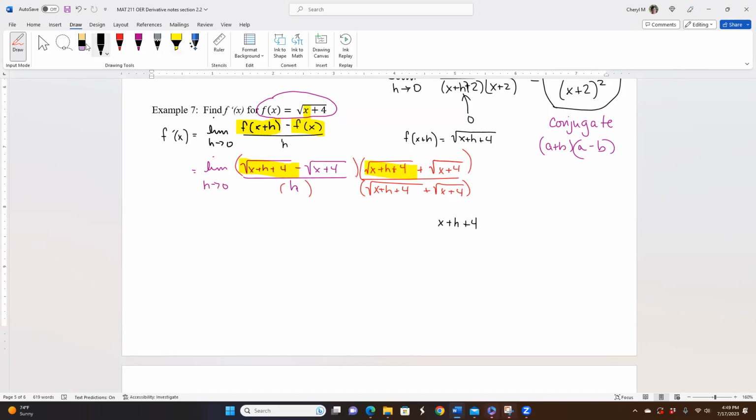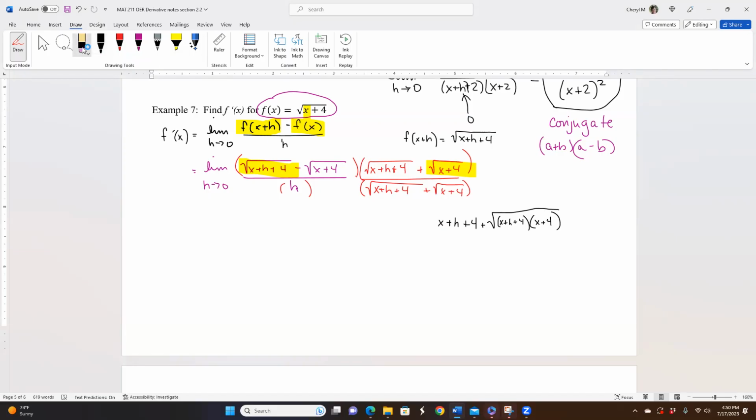Taking the first term times the outside term will look like this: it'll be plus, because it's positive, the square root. And since they're both square roots, you just write it as x plus h plus 4 times x plus 4, all of that in the square root.